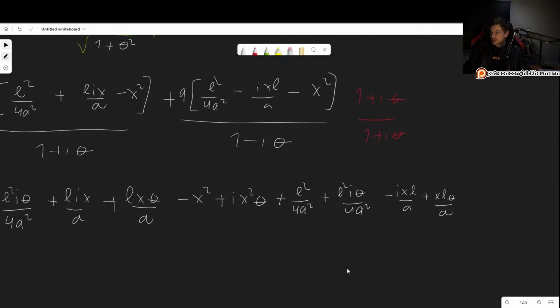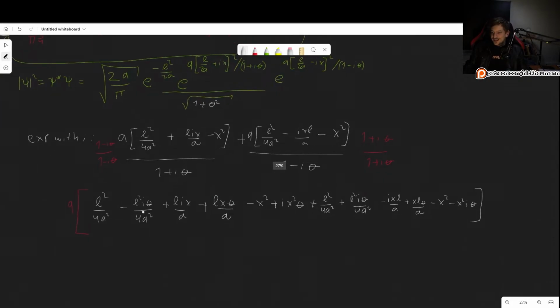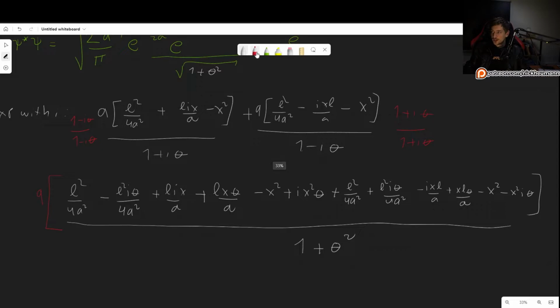And finally, we get minus x squared, minus x squared i theta, and all of this is divided by 1 plus theta squared. Okay, so let's take a look at this. There are quite a few things that cancel out. So this cancels out this, i x L over a.